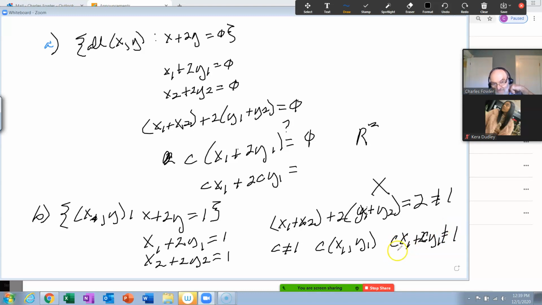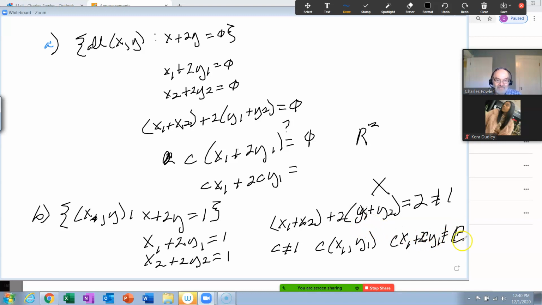You could factor out the c, and if that's not 1, it would multiply both sides, including the 1. That would become c, and c is not equal to 1.